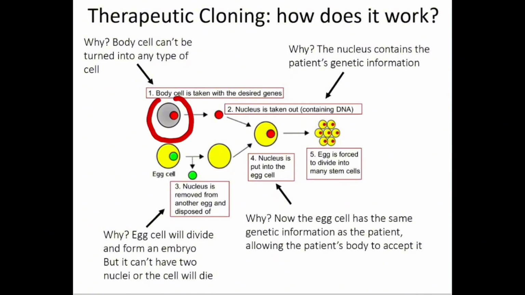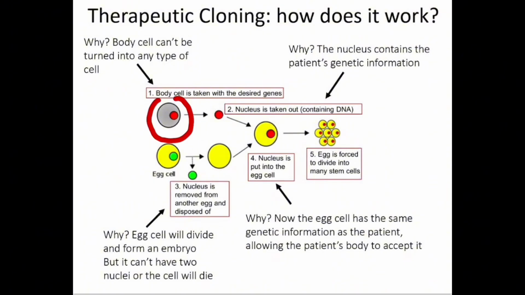Okay, so now you can see that the nucleus has actually been taken out of the body cell. The reason we've taken out that nucleus is because it has that desired gene. So the nucleus is taken out containing the DNA. Step 3 over here, the nucleus is removed from another egg cell and disposed of.